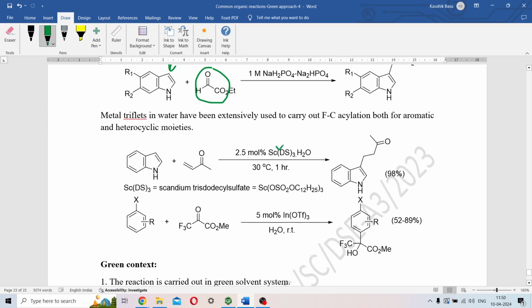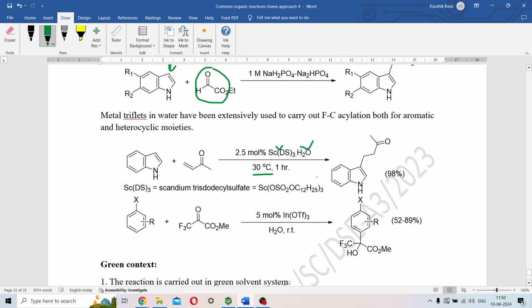This is a scandium tris dodecyl sulfate. So the ligand is oxygen bonded with sulfur, sulfur bonded with 2 double bonded oxygens and 1 single bonded oxygen. This single bonded oxygen has a long aliphatic chain, a 12 carbon aliphatic chain. 3 such ligands on scandium 3 in water.